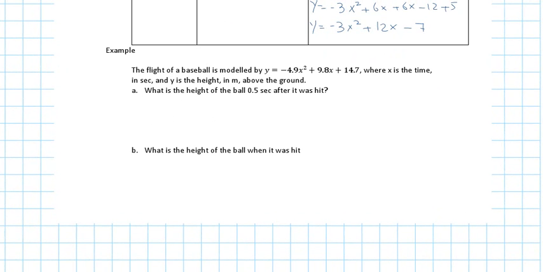So the flight of a baseball is modeled by y equals negative 4.9x squared plus 9.8x plus 14.7, where x is the time in seconds and y is the height in meters above ground. What is the height of the ball 0.5 seconds after it was hit?